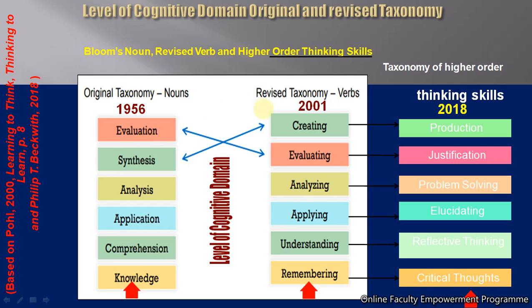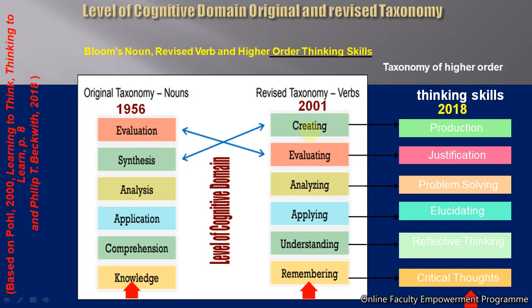Now in the revised taxonomy, the order is remembering, understanding, applying, analyzing, evaluating, creating. In most organizations, the revised taxonomy procedure is followed. Remembering, understanding, applying, analyzing, evaluating, creating.